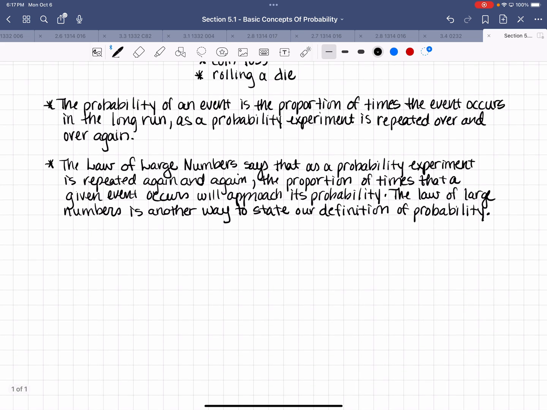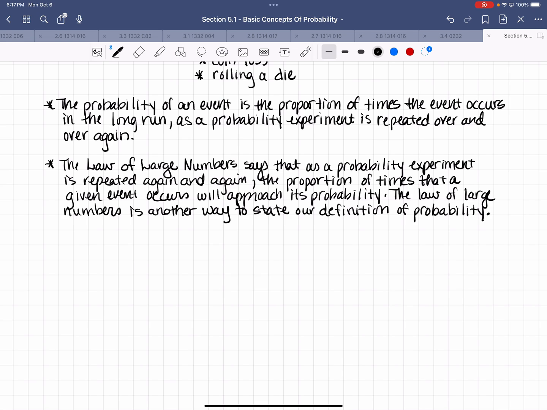Okay, so what that means is, law of large numbers just means, I'm going to flip a coin, and you know you have a 50-50 chance of getting a head or a tail. So let's flip a coin 3 times. The probability of getting a head or a tail should be 50%, but it may not be with just 3 flips.